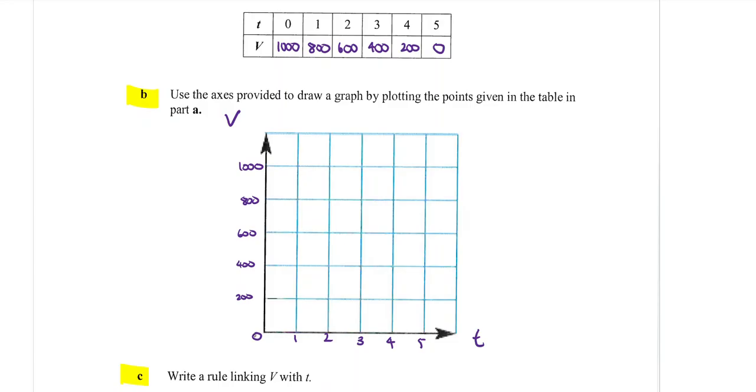So plotting. When time is 0, the volume is 1,000. 1 is 800, 2 is 600, and so on. And it should make a beautiful straight line. Like that, which you rule with your ruler.